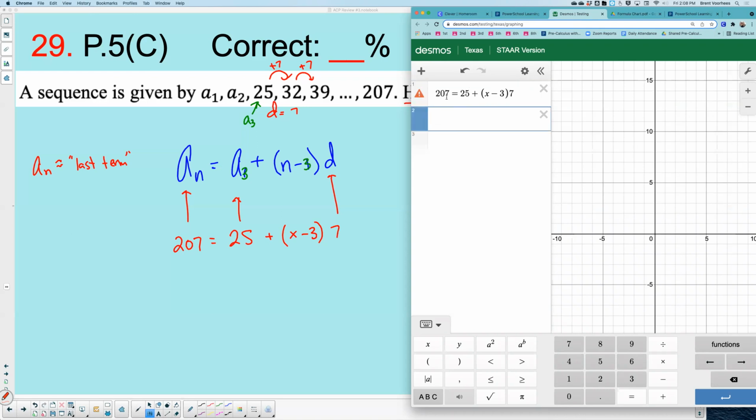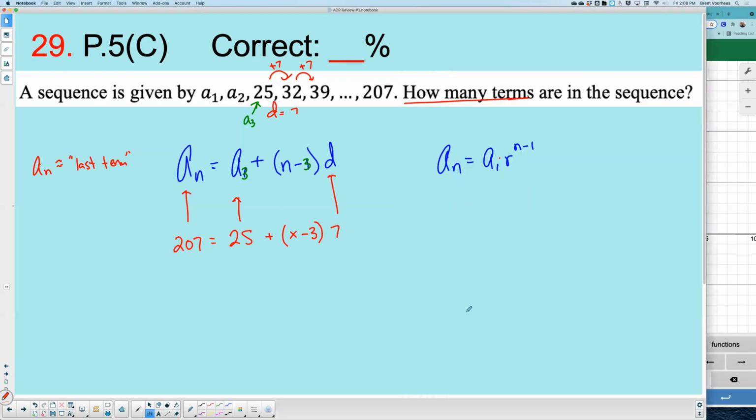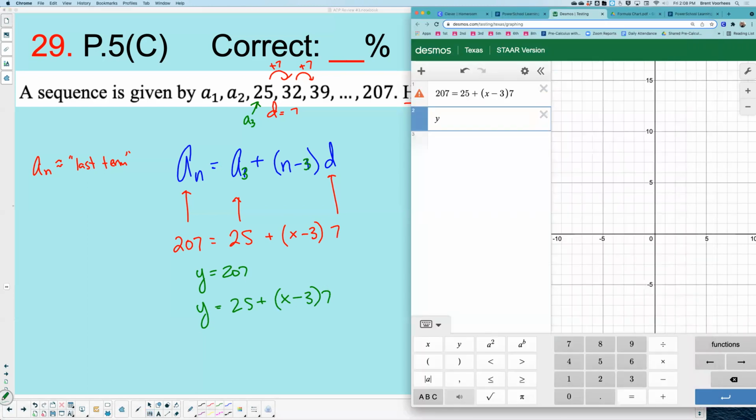What you need to do is say y equals the left side of the equation. So you'll graph y equals 207, and then y equals 25 plus x minus 3 times 7. The x value at the intersection will be the solution. So I'm going to graph those two. Y equals 207, oops, forgot the y. And I'm going to graph y equals this right side. I'm just going to copy and paste.